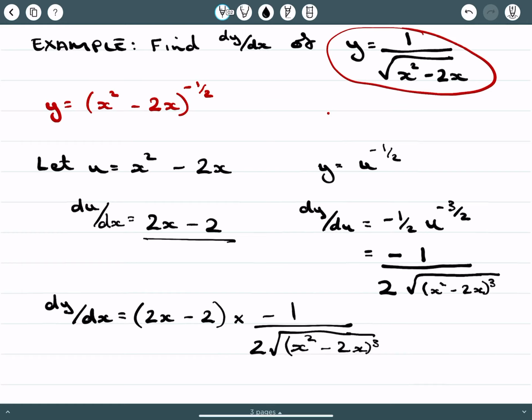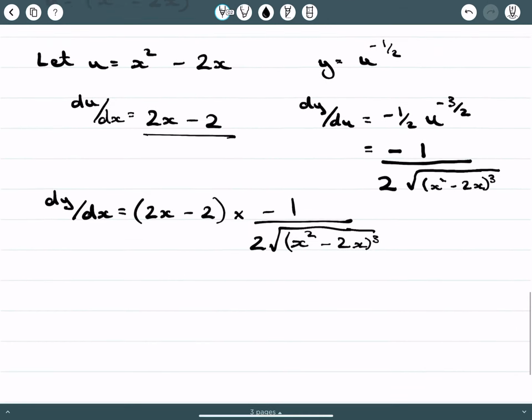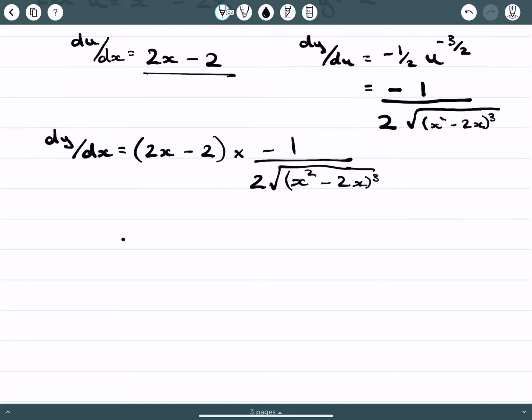We can do a little bit of cancellation here. So let me just move this up a little bit further. I'm going to recognise that that's going to be negative (2x minus 2) all on 2 square root of (x squared minus 2x) to the power of 3. I'm going to cancel out the 2s here.